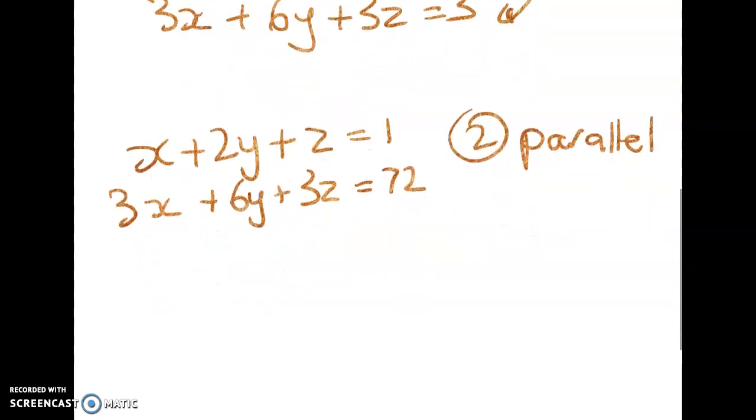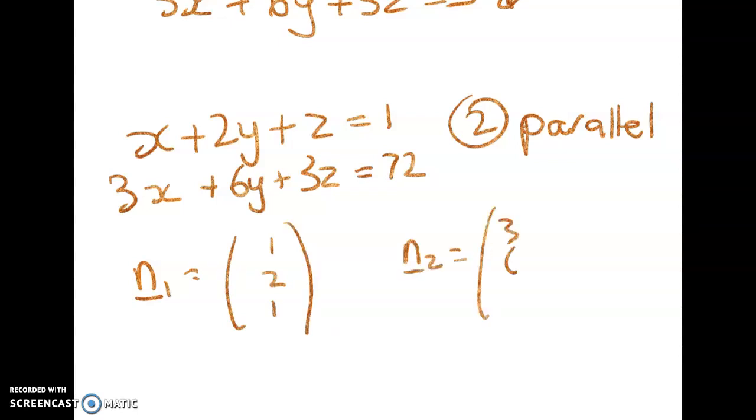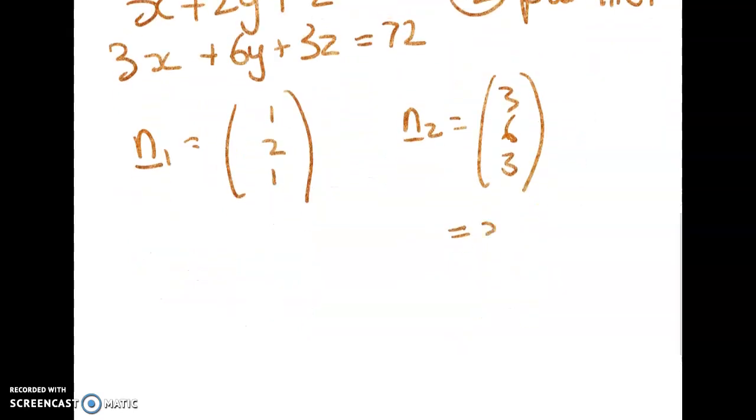So the giveaway here is that if you look at the normal vectors for each plane, the normal vector for the first one is 1, 2, 1, and the normal vector for the second one is 3, 6, 3, which is a scalar multiple of the first, right? So all of this is pretty obvious, but it's just the way that we set up our thinking for when we're trying to figure out the line of intersection of 2 planes.